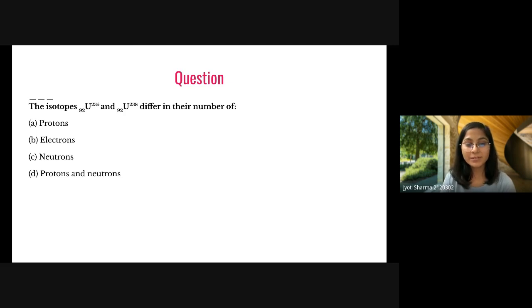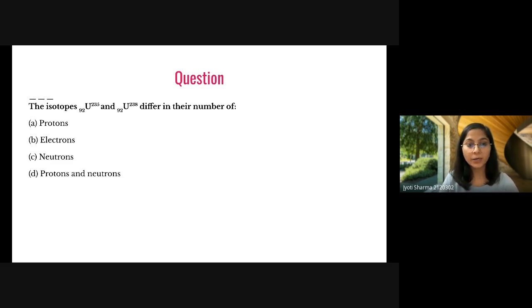Again, you have a very similar question. We have two isotopes of uranium, where the atomic number is 92 and 92, but the atomic mass is 235 and 238. They differ in their number of what? Protons, electrons, neutrons, or protons and neutrons?